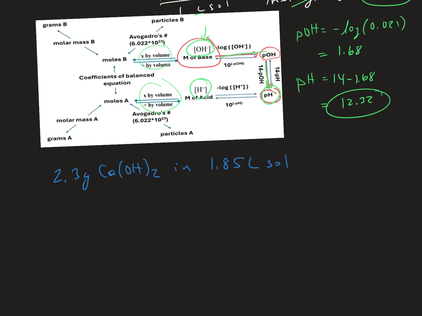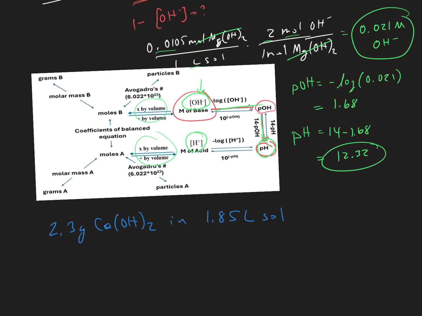If we don't know, let's go to our mole roadmap. What are we looking for on our mole roadmap? We're looking for pH. What are we given? Grams of base, right? We're here. Go to grams to moles.